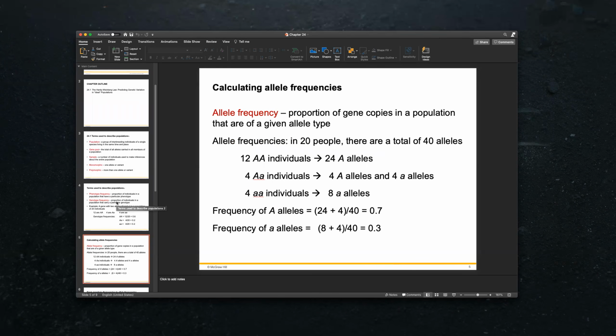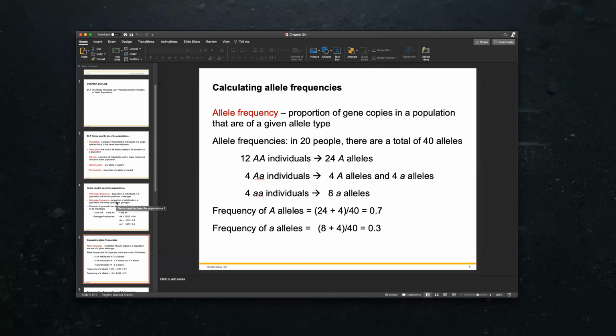Now, the allele frequency. In 20 people, there are a total of 40 alleles, since each individual has 2 alleles. Before we were talking about the gene, but this is the allele, so you're basically just doubling it.